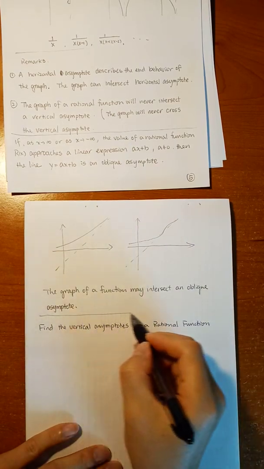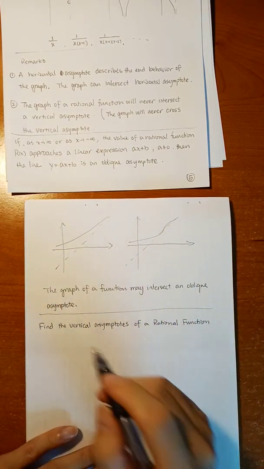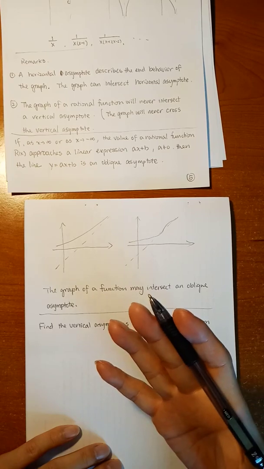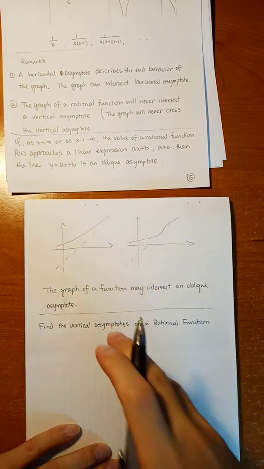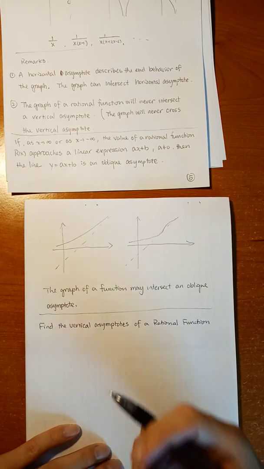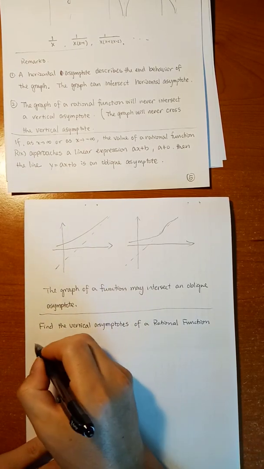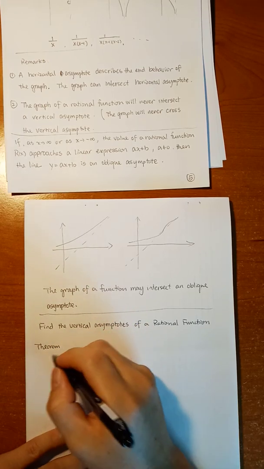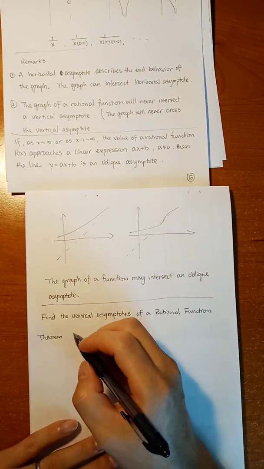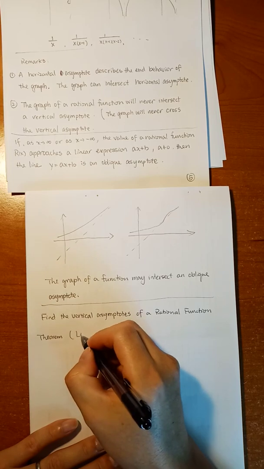To find a vertical asymptote of a rational function, basically we need an extremely large value. In order to get a large value, you need the denominator as small as possible. So that's the rough idea of the theorem, locating vertical asymptote.